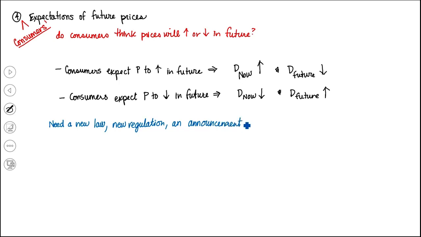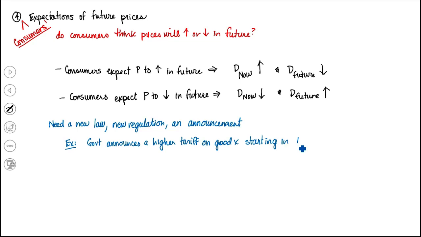So for us to change consumer expectations, I need some kind of announcement. Here might be some examples. Maybe the government announces a higher tariff on good X starting in 1 month.